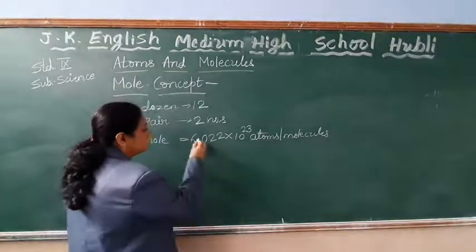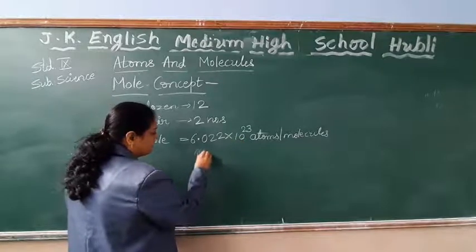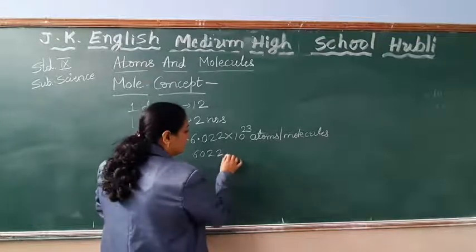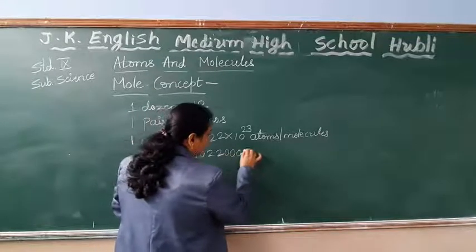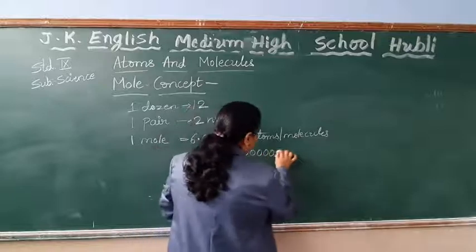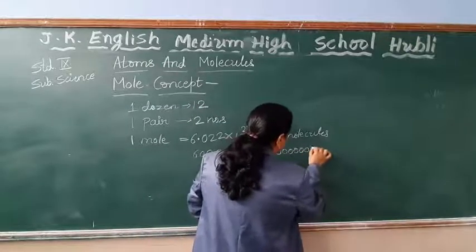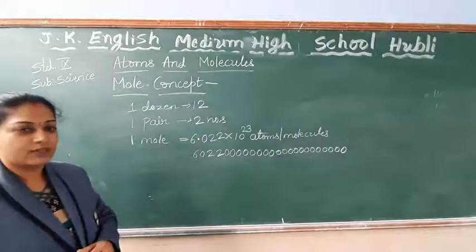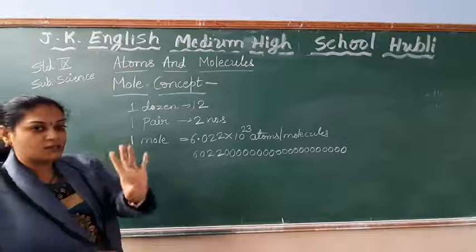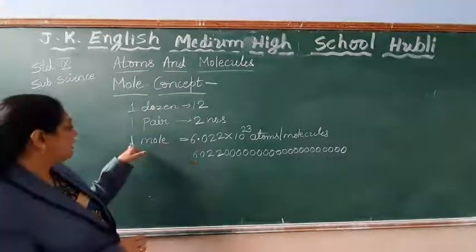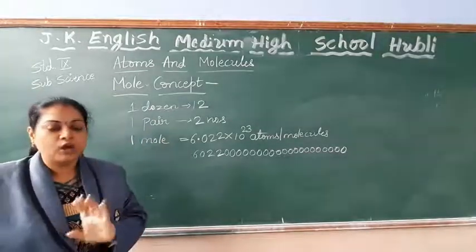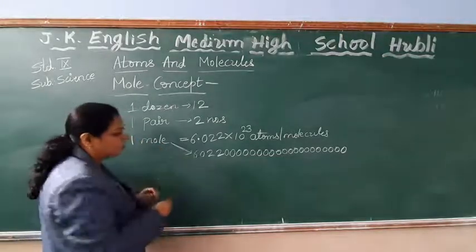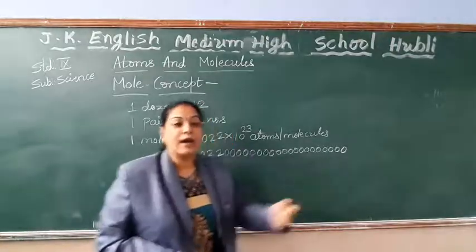Means how much, students? If you remove all these digits, it is 6022, and here I have to put 20 zeros. See, students, just as 1 dozen means 12 in number, if I say 1 mole of carbon or 1 mole of hydrogen, that 1 mole consists of this many atoms.